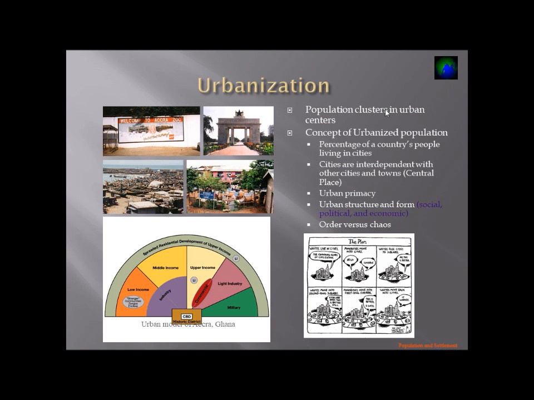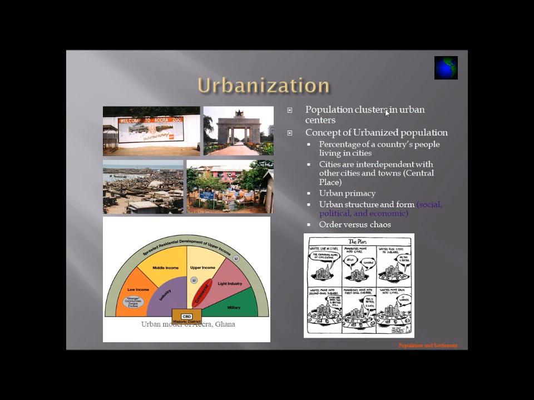So population clusters and urban centers. So this concept of an urbanized population, which is the percentage of a country's people living in cities, is very important. Cities are interdependent with other cities and towns. That's central place. There's this notion of urban primacy, especially in developing nations.